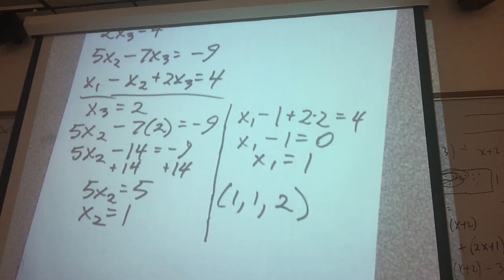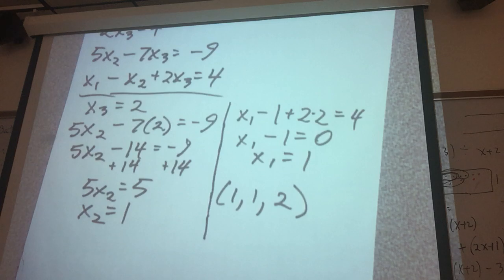Now, once you've gotten to this point of the problem, you need to take this point and look back at the original equations we were dealing with and ask yourself the question: does 1, 1, 2 satisfy these equations? So let's look all the way back at the beginning of the problem.